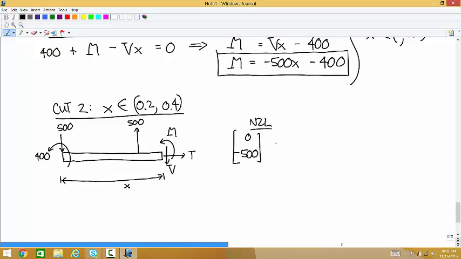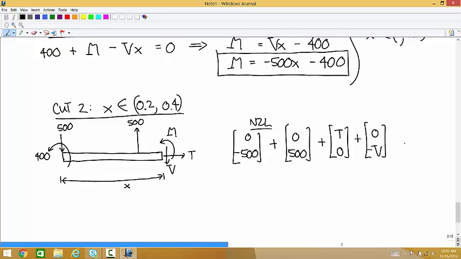This 500 is in the positive y direction. And then we have T in the positive x direction, V in the negative y direction, and that's all equal to zero. So T is equal to 0, V is equal to 0.